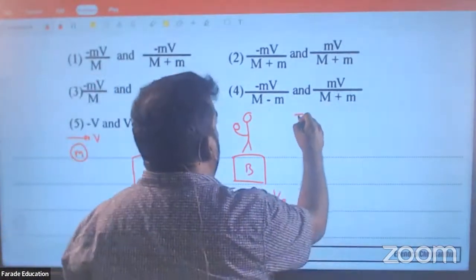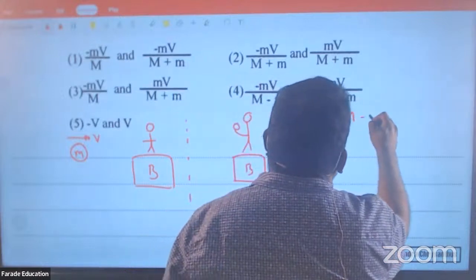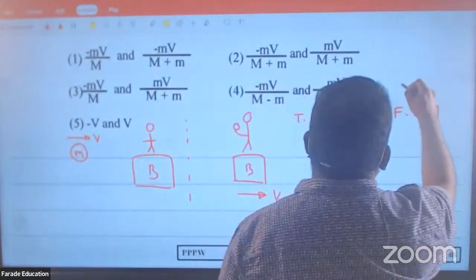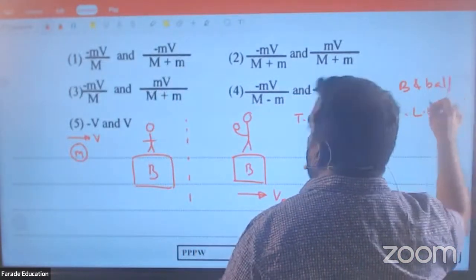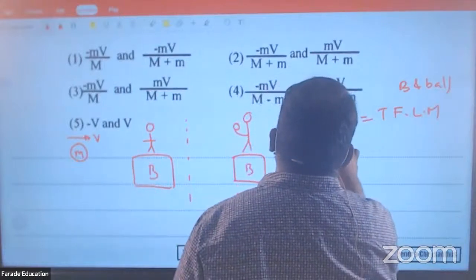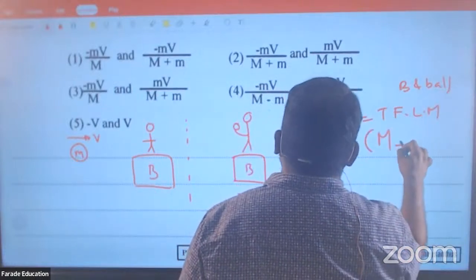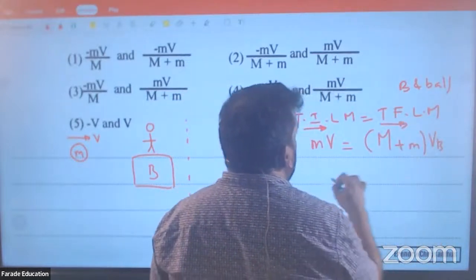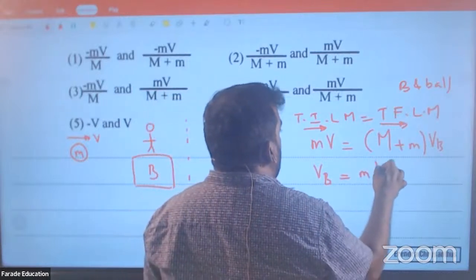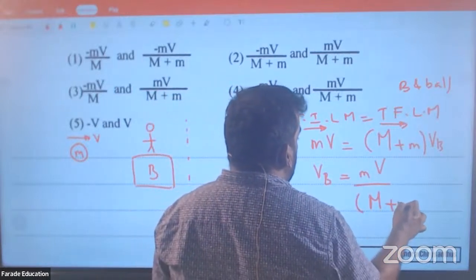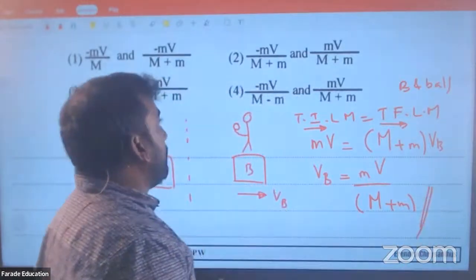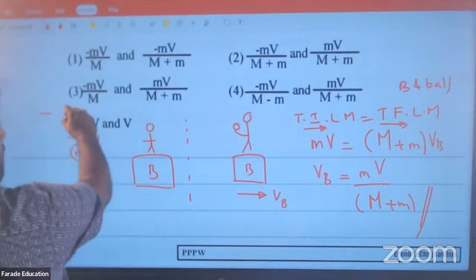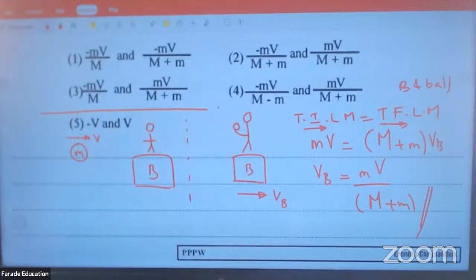If I apply total initial linear momentum equals total final linear momentum, for B and the ball: initial linear momentum, the ball is coming, m v. Final, capital M plus simple m travel together in the same direction. So VB is equal to m v divided by capital M plus simple m. So if you look at the relationship, I think answer number 3 is correct.